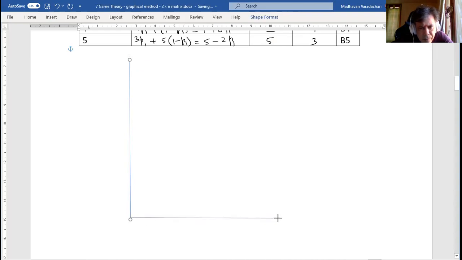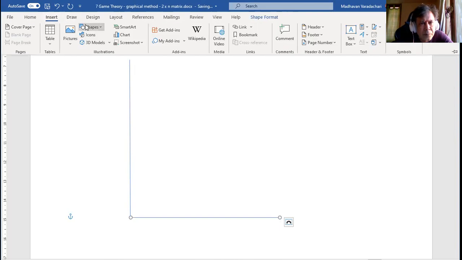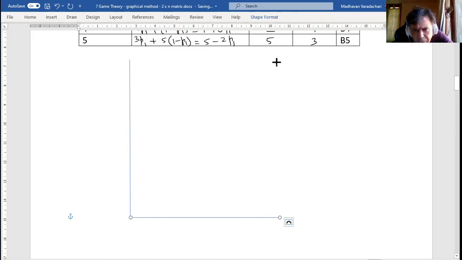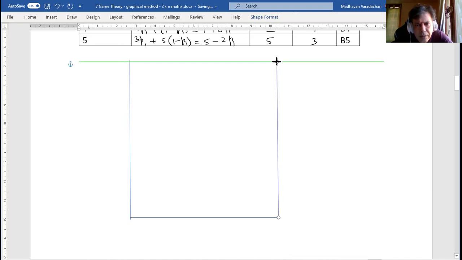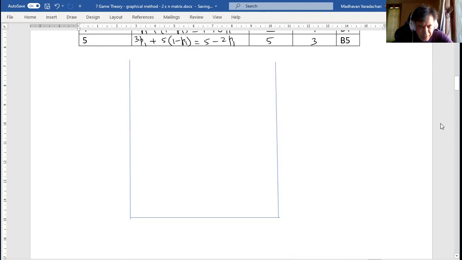The horizontal measure is considered to be 1 unit. Here again, the vertical line. It needs to be vertical. Right. So we are ready with our graph.